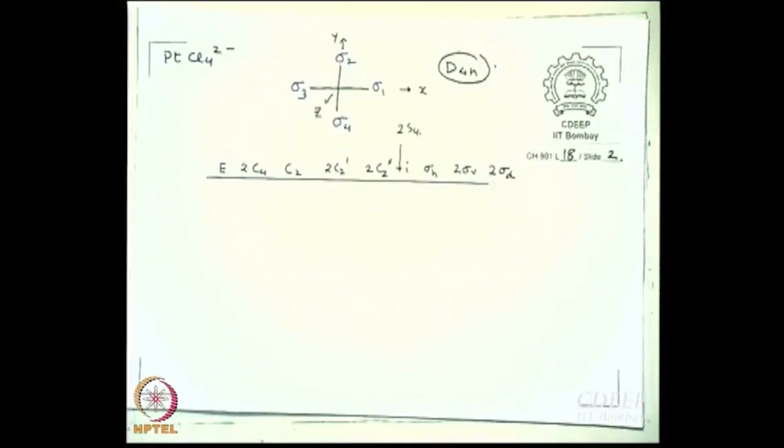There is no sigma 5. There are 4 sigma bonds, right? So these are basically the atomic orbitals, let us say s orbitals, that are being used by chlorine for the coordinate bonding or covalent bonding, whatever you want to call it. Okay, no problem.